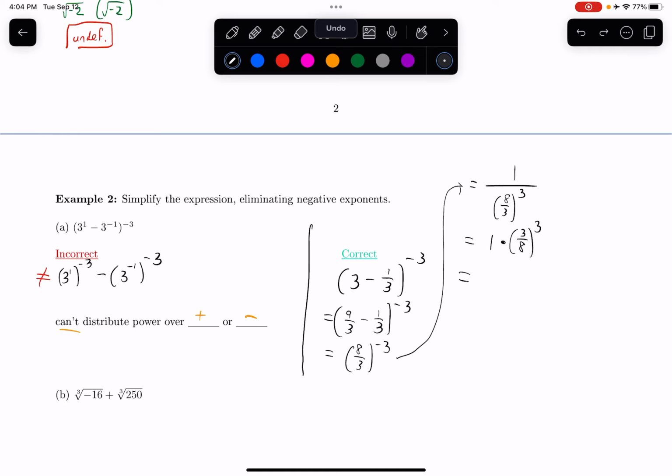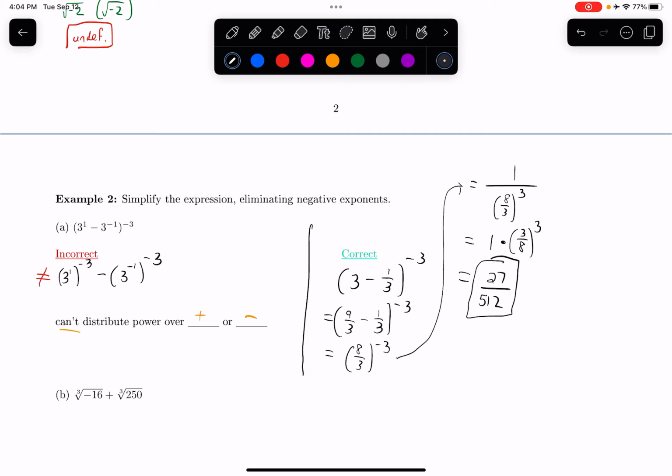On the top, I get 3 cubed, which is 27. On the bottom, I have to cube the 8. I might have to think about that a little bit, but it turns out it's 512. That's my answer: 27 over 512. That's the correct way of doing that.